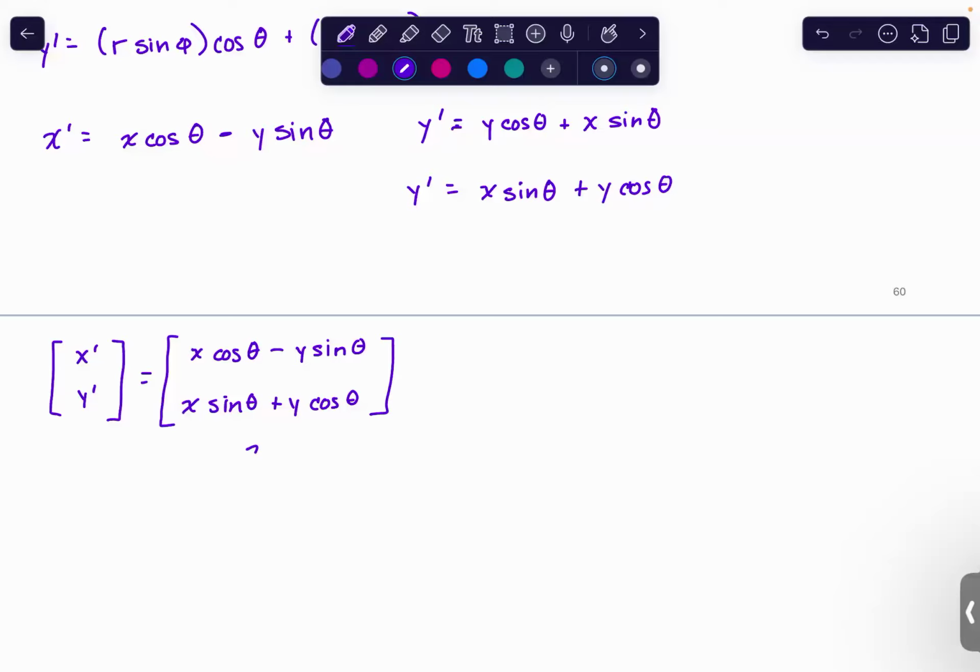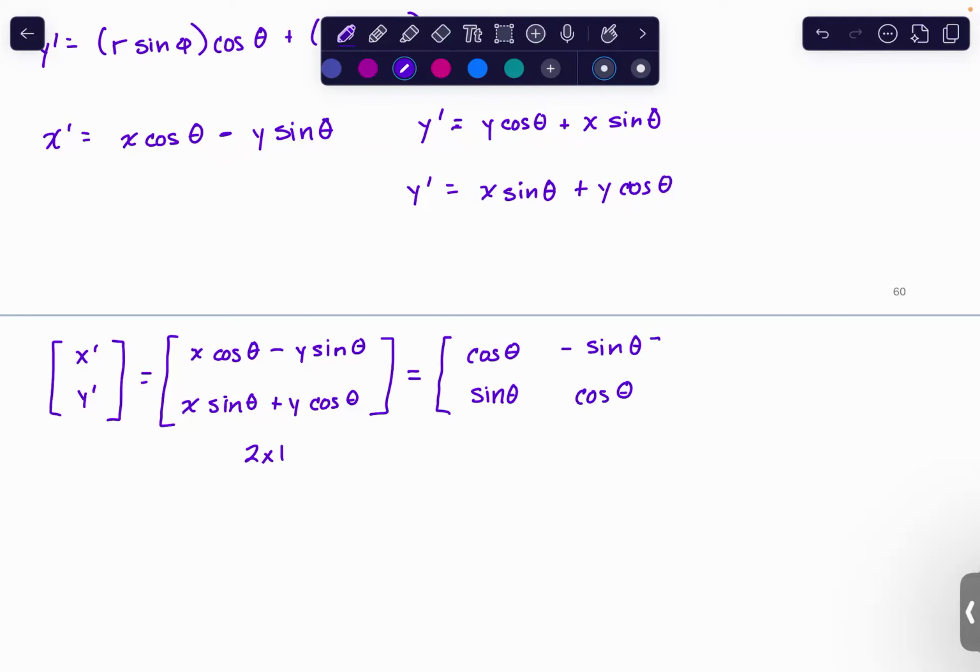This is a 2x1 matrix, and we can actually decompose this to form the matrix cosine of theta, sine of theta, negative sine of theta, cosine of theta, times the matrix x, y.